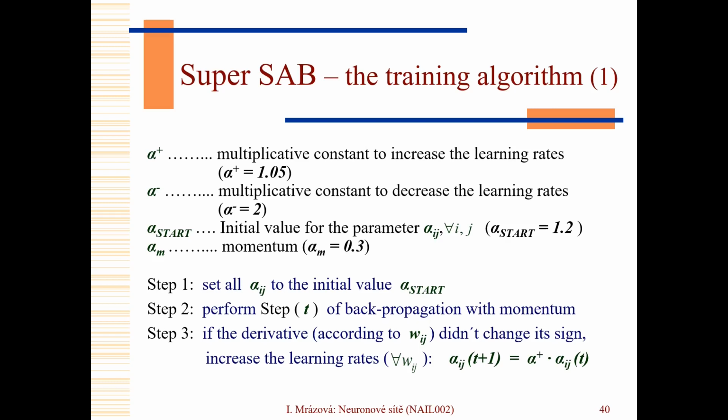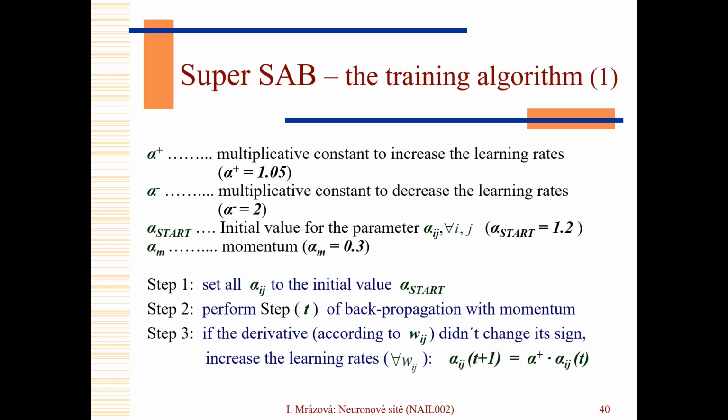Then we will use a momentum term, and for the momentum term we will use the momentum rate alpha m set to 0.3. This entire strategy will be described by the following steps.